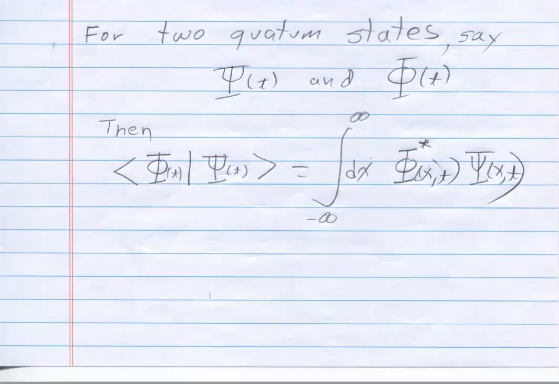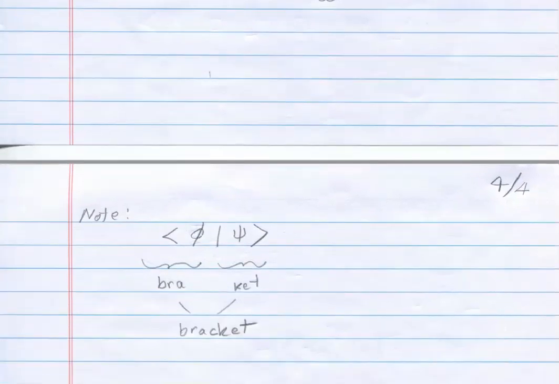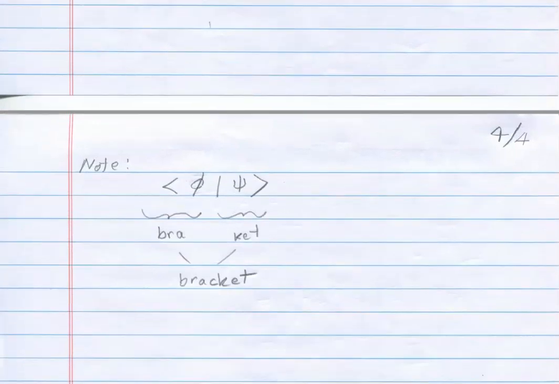Note that in this representation, you can see where the terminology comes from. This was the Ket vector, this was the Bra vector, and you put them together in this inner product between them.